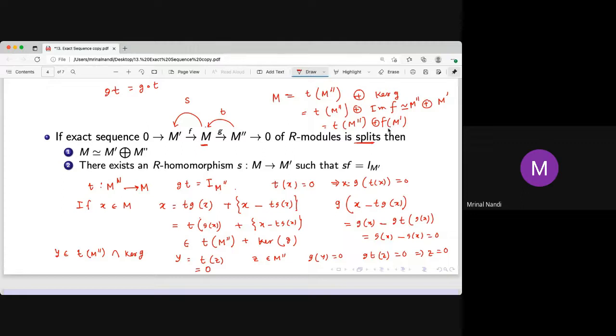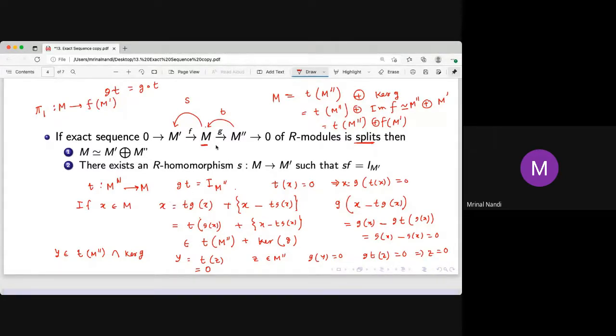Now you take pi 1, a projection map on M onto F M dash.